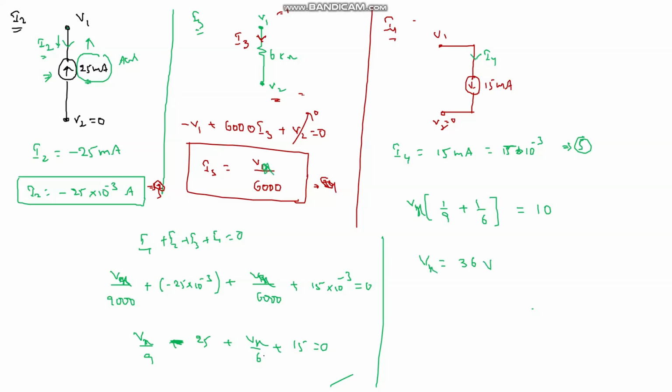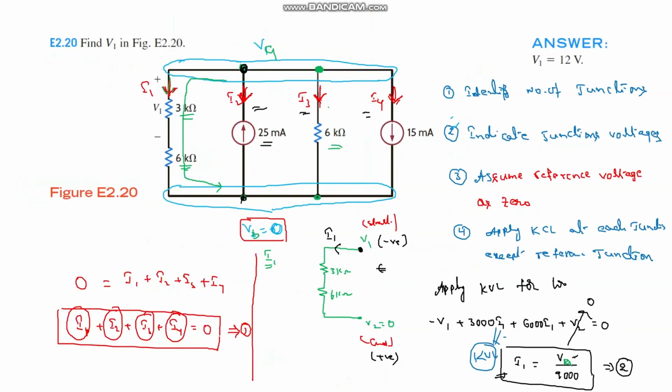So finally I got the value of Vx. The voltage at junction 1, Vx, is 36 volts, and Vy is 0 volts, the reference voltage.